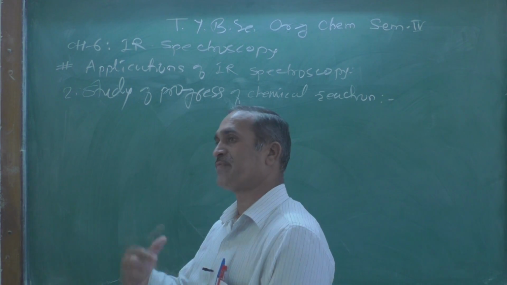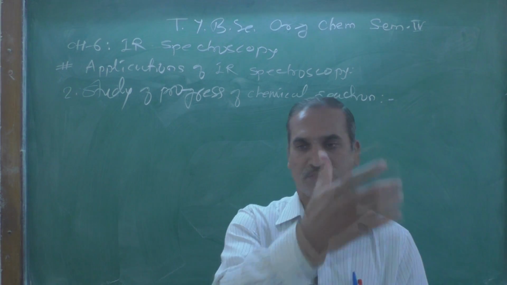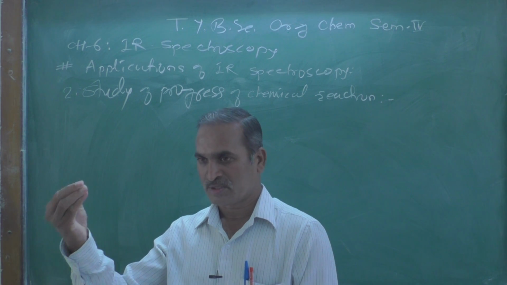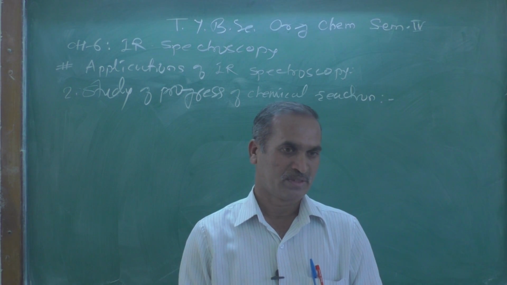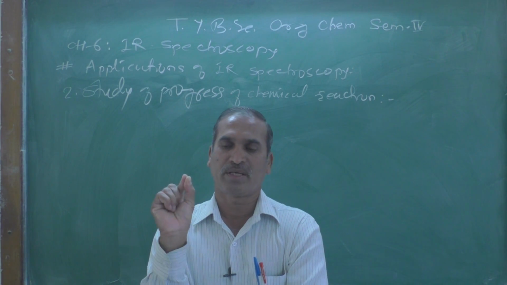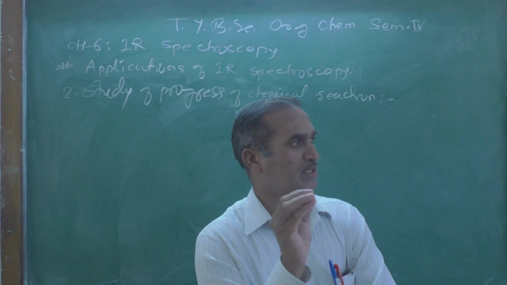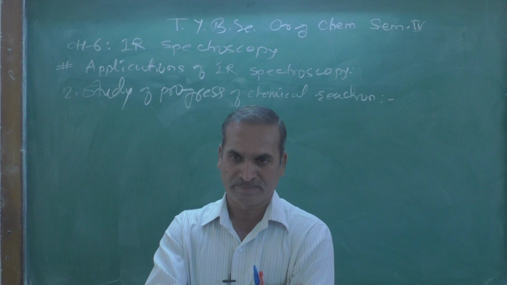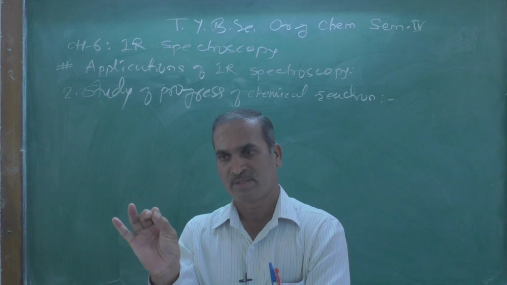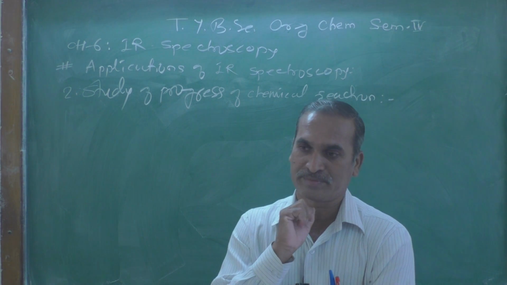When the spectra is obtained, let us suppose your starting compound is cyclohexanone, and as we know, theoretically the peak appears around 1715 per centimeter. That is a characteristic of the carbonyl group of saturated ketones.